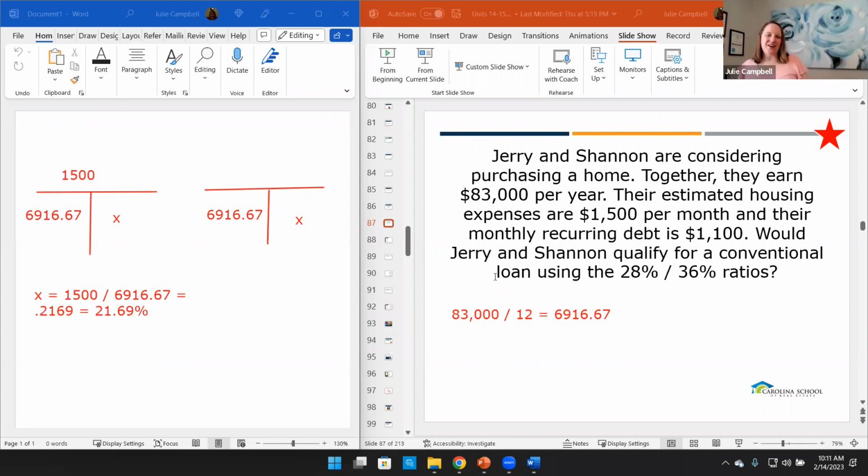So now the second thing is to look at our second T-bar, which is the 36%. The second T-bar, the 36%, looks at our monthly expenses plus our monthly recurring debt. What are those other obligations that you have?